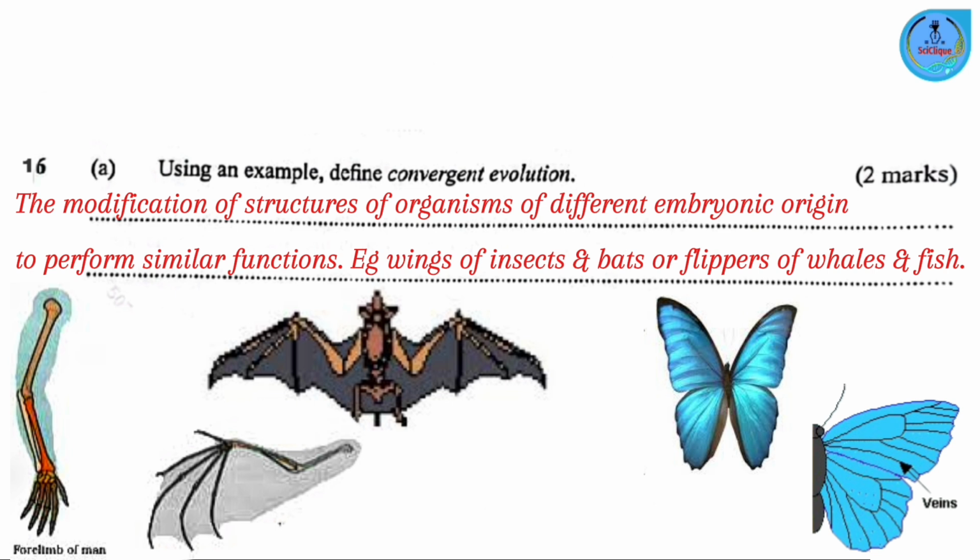Bats, being mammals, also have a similar arrangement, the pentadactyl limb structure. So do you see the differences in these two? They are very different. So they both have wings, okay, and they use them for the similar functions, but the way these wings are made up, their structures are completely different, because these two organisms have different embryonic origins.